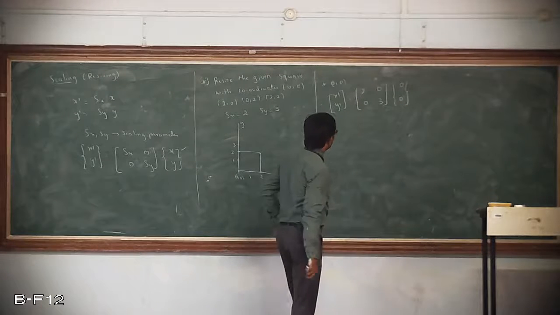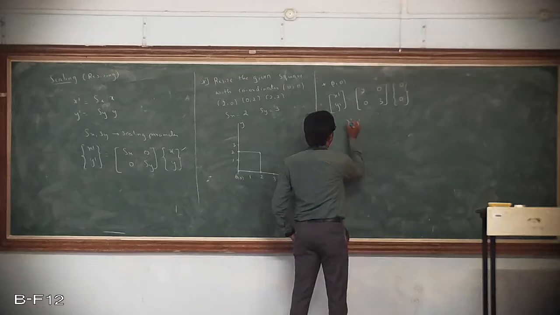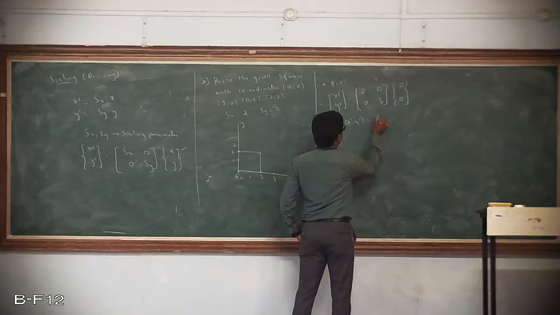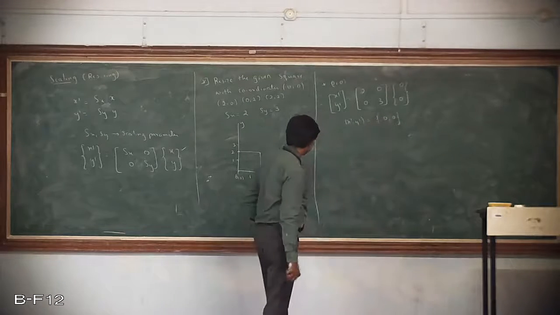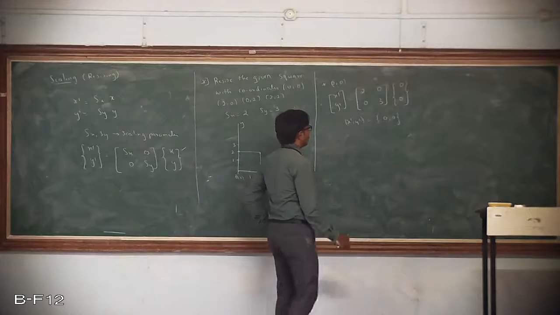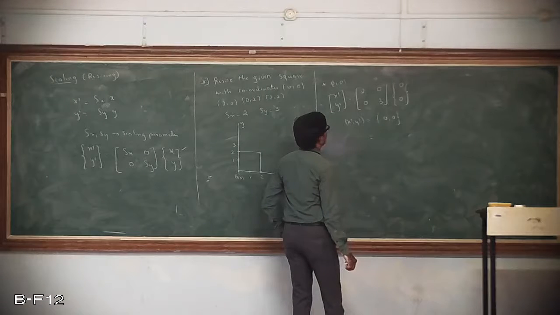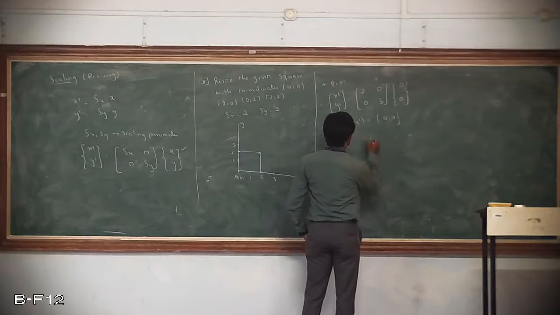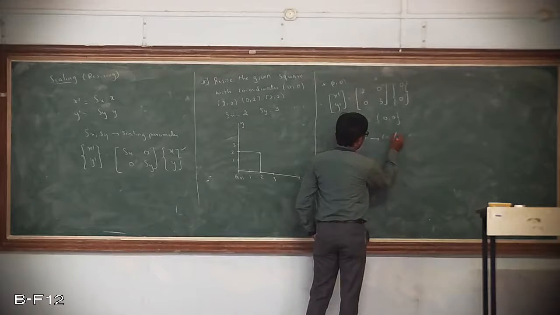Okay. So if you see, x dash y dash will be 0, 0. So the origin has not changed. Only the other points are changed. So 0, 0 has now changed to only 0, 0.